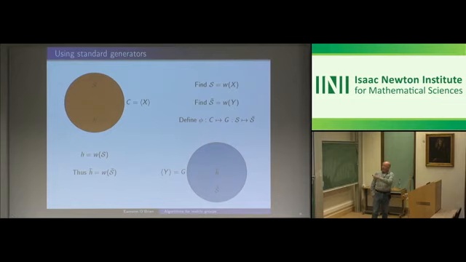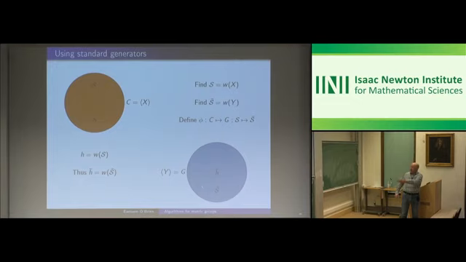So I can set myself two tasks. One is find standard generators in both copies as words in the defining generators. And secondly, given an element in C, I want to be able to write it as a word in X. And then I can just take that word and evaluate it over here.